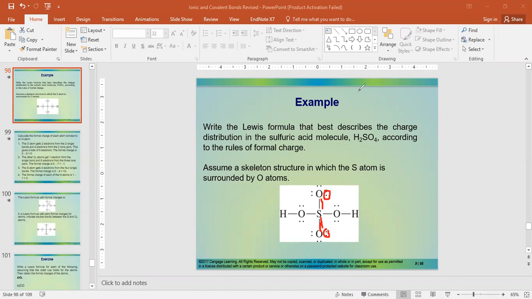You'll realize that in this particular case, sulfur will be 0. How is it going to be 0 now? Look, it has 6 valence electrons, then minus, what is the total number of bonds? 6. Does it have any lone pairs?